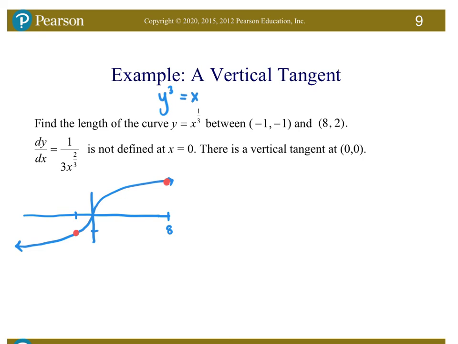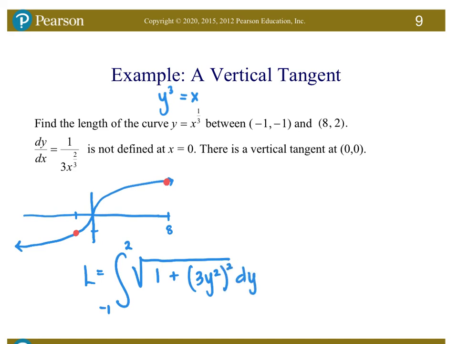And so then the integral would go from the y value of -1 to the y value of 2. And the integrand would be the square root of 1 plus the derivative of y cubed, 3y squared, quantity squared, and then make sure you integrate that in terms of y.